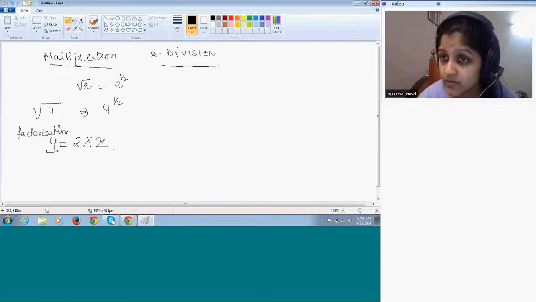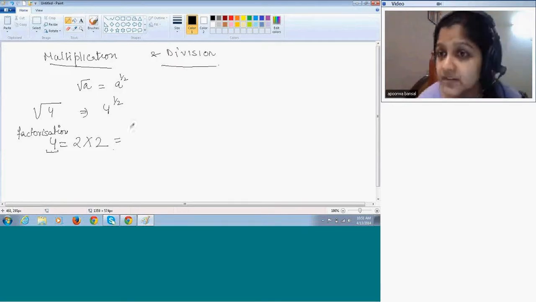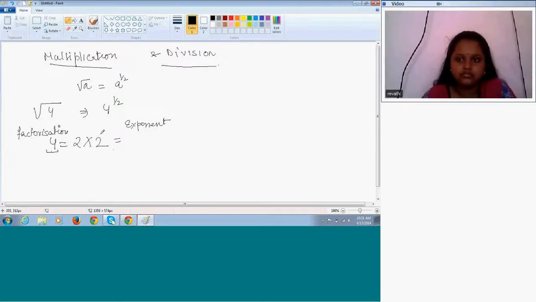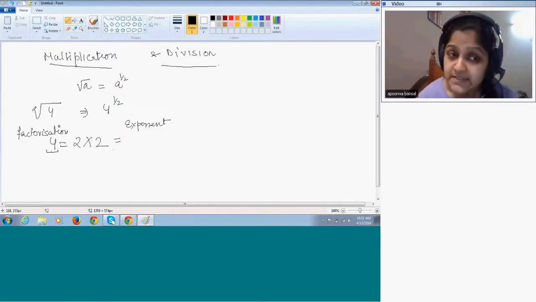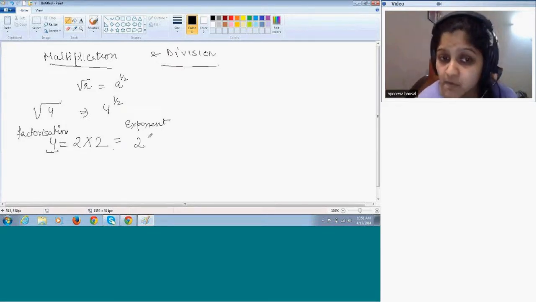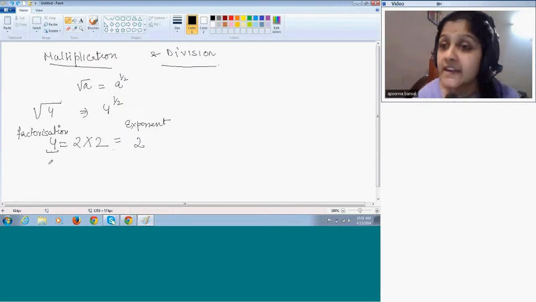How will we represent this in exponent form? The same way as we have root, we say exponent also when we have power. Any number repeating itself, we can write with a power or exponent.